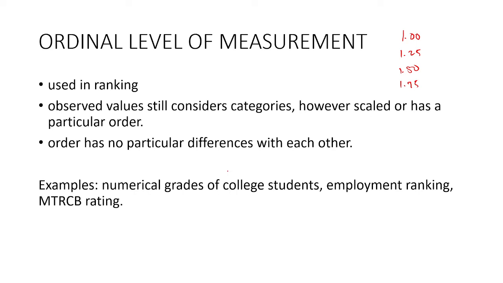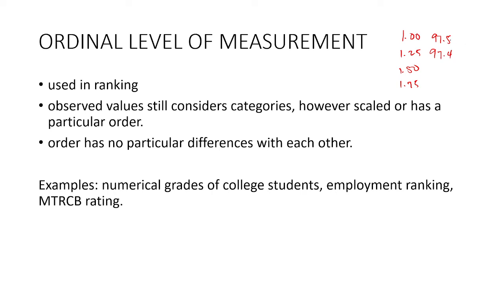But basically, when we have those numerical grades, wala kang particular na differences with each other. Kasi hindi mo alam kung gaano kalaki yung difference nitong dalawa. Halimbawa, pagkakaalala ko kasi, 97.5 yung lowest grade para maka-uno, and yung highest grade naman para maka-1.25 ay 97.4.